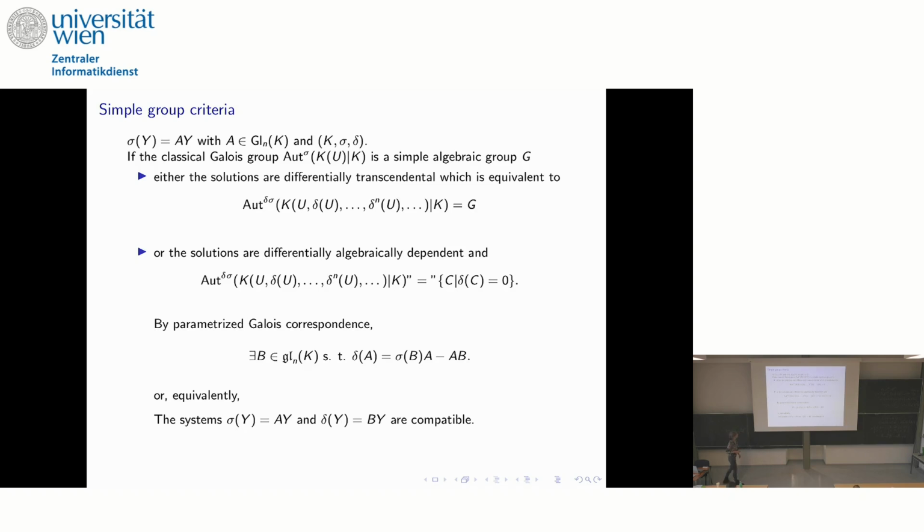So to say, if you start with a difference system and with a Galois group that is simple, then either your solutions are differentially transcendental, or in a certain way, they will satisfy a linear differential equation. This is a model. So it's very powerful.